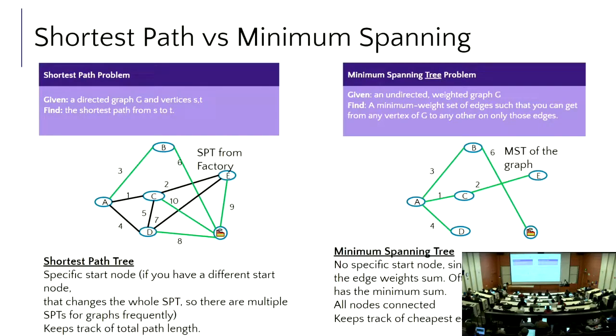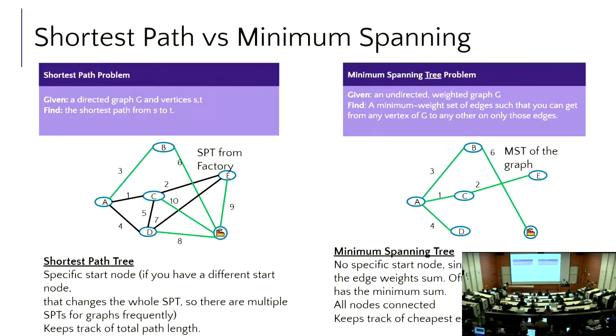So, this is confusing. People will always mix up the difference between the shortest path tree and the minimum spanning tree. So I just want to take a moment and remind you that these two things are different. The shortest path tree, and look, you can see I calculated the shortest path tree, doesn't look like the MST, because the shortest path tree is about the shortest path from one source to any given vertex.